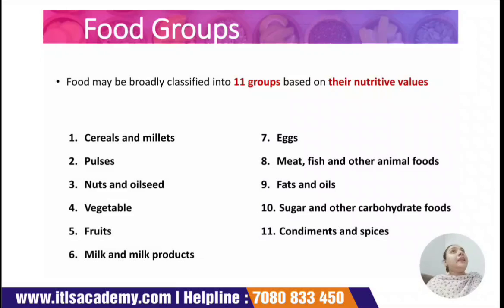Here one question generally arises: if a person has a deficiency of protein, there are some specific foods that he can consume to increase the protein values in the body. So what are the foods that are rich in protein?